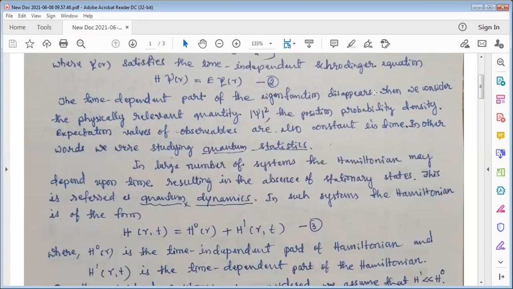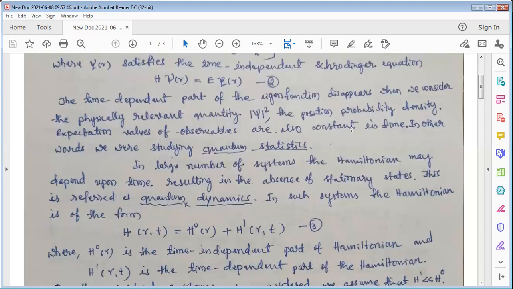That means you are interested in the position probability of the system, and also the expectation values of observables are constant in time. That means when you are concentrating on the position of the system, the expectation values are also independent of time.